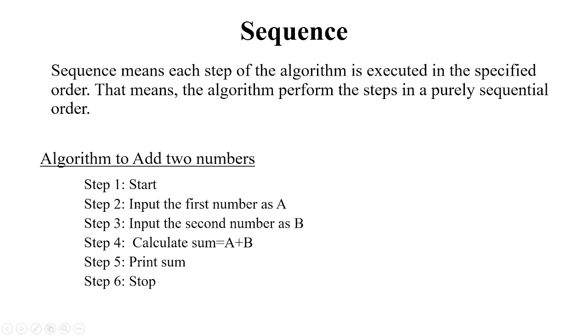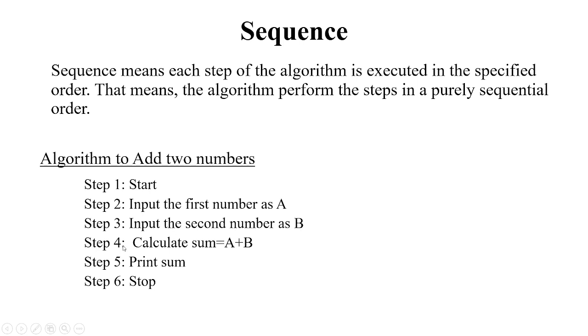In the second step, I say, ask the user to input the first number as A. Then in step 3, I tell the computer, ask the user to input the second number as B.